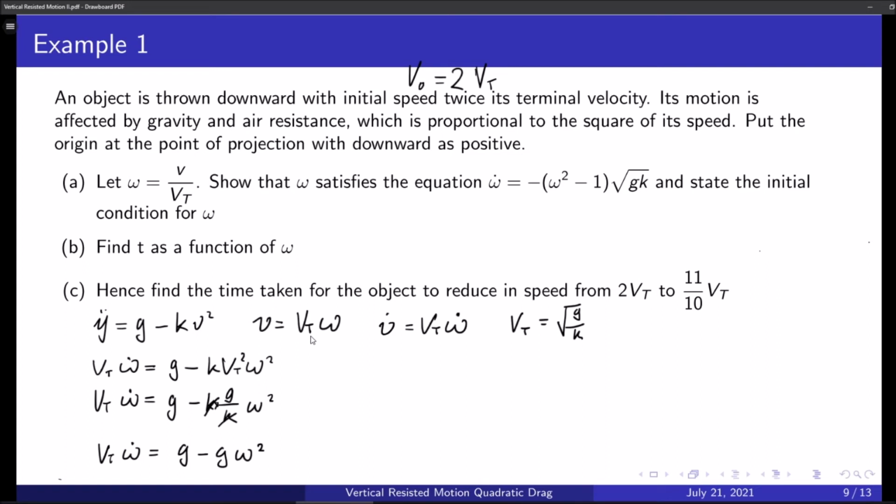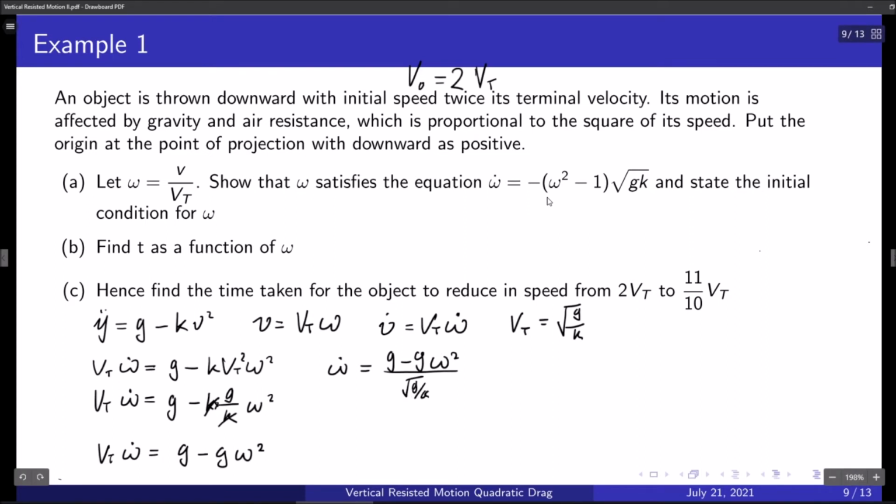Okay, now what's next? Remember this is what we're aiming for, and we're going to use this to simplify things slightly later on. So we end up with omega dot equals g minus g omega squared over vt. Vt is just the square root of g over k, isn't it?